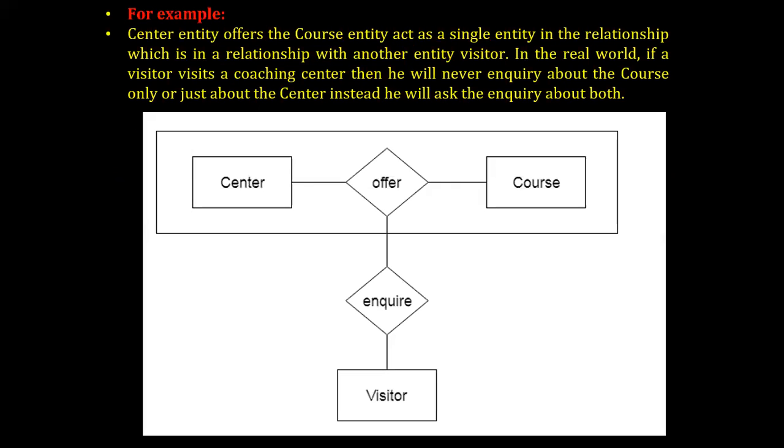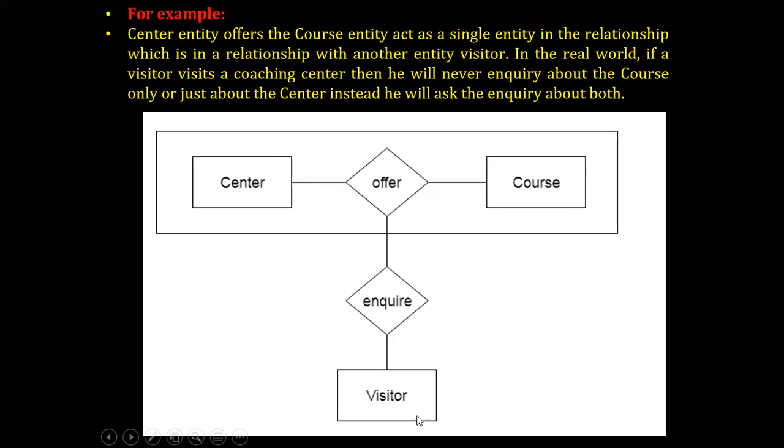For example, here we have a relationship between center and course. Offer is the relationship between center and course. Now what we can do is aggregate center, offer, and course into a single entity.